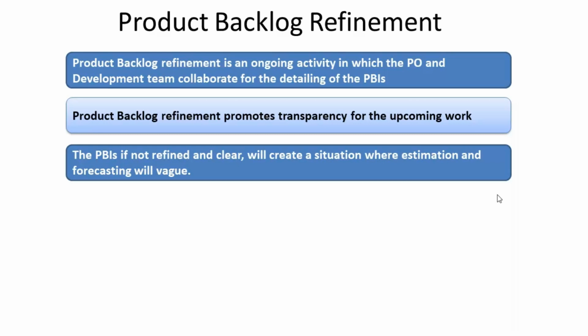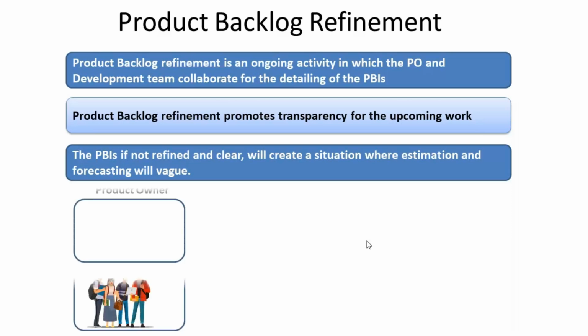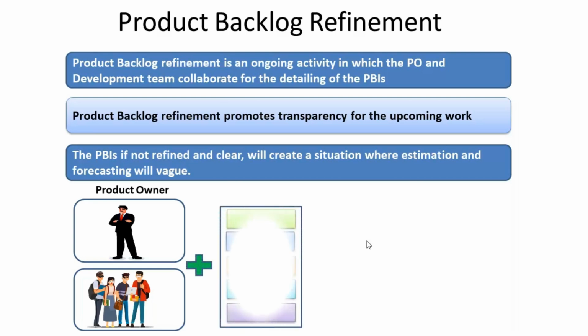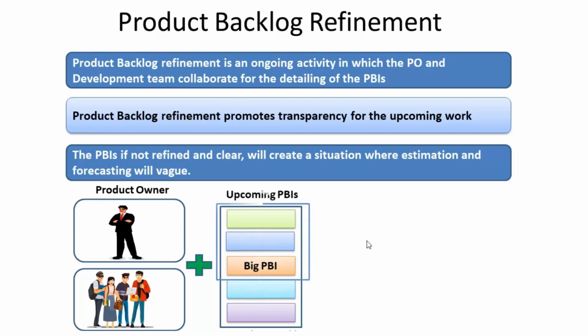Let us understand this better with the help of a diagram. The product owner and the development team collaborate to refine the requirements present in the product backlog and are on the top of the product backlog. In our example, the product backlog consists of 5 product backlog items. The top 3 requirements or the next upcoming product backlog items should be refined so that the dev team can start work.